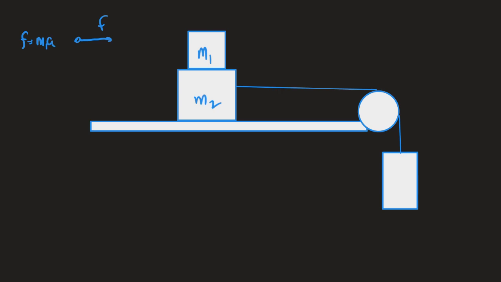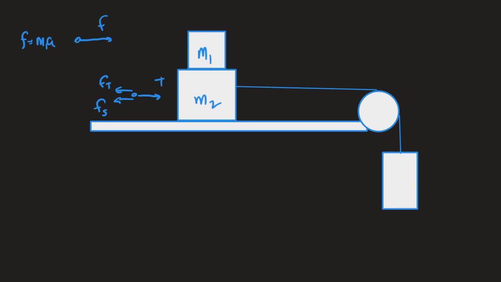The bottom box is going to have this tension this way, friction from the surface, and friction from the top block. So when I consider block 2, I'll put friction from the surface and friction from the top block.